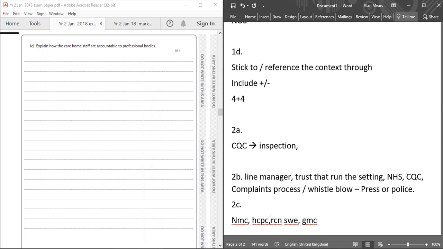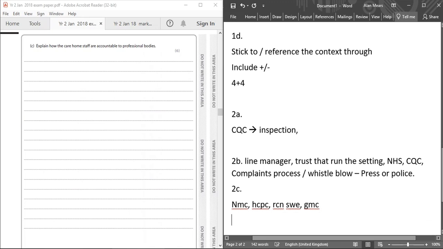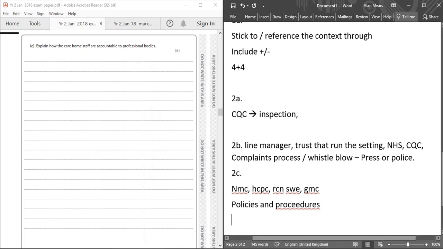So you've got the different bodies regulating staff, and these would be things like having policies and procedures. It will be about ensuring training and CPD has been completed.